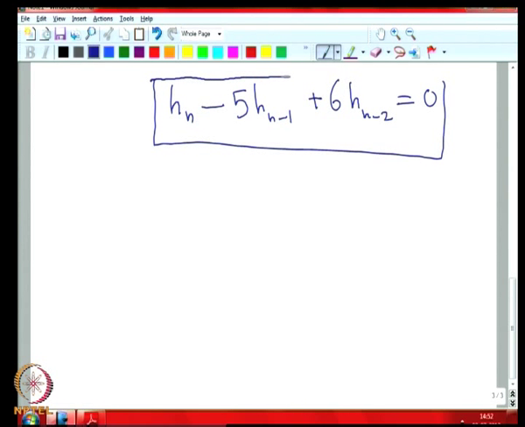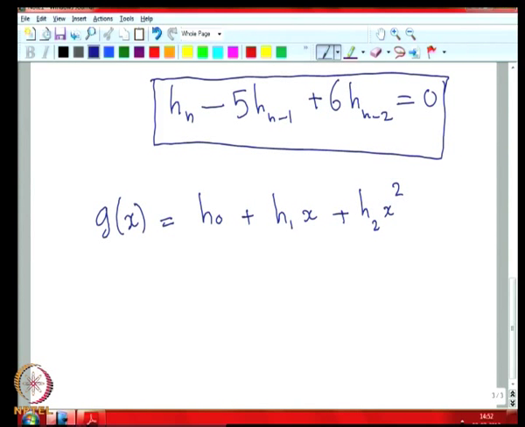This is the underlying recurrence relation, captured by this relation between Hn, Hn minus 1 and Hn minus 2. Now what I write is, let g of x equal to H0 plus H1 x plus H2 x square plus H3 x cube plus so on.